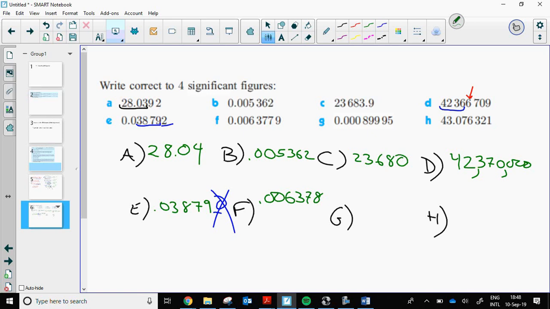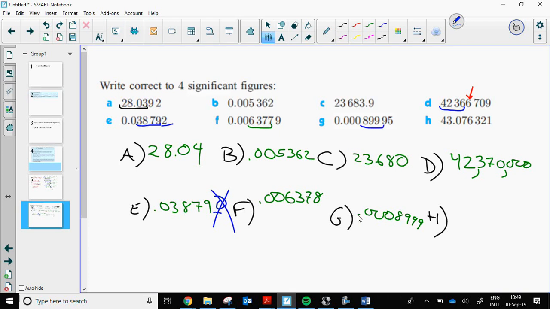Okay, F is 0.006378. Again, these are our first 4. The 9 tells us to round the 7 up, and we don't include anything at the end. Letter G is going to be 0.000899. Oh no, wait a second. Those are the first 4 significant figures.